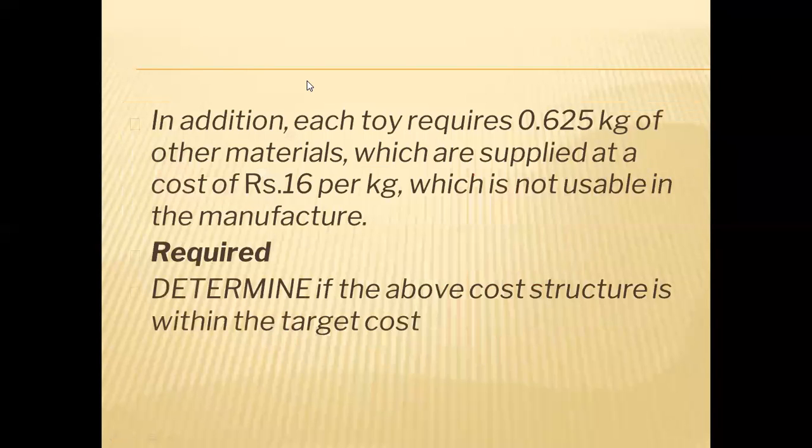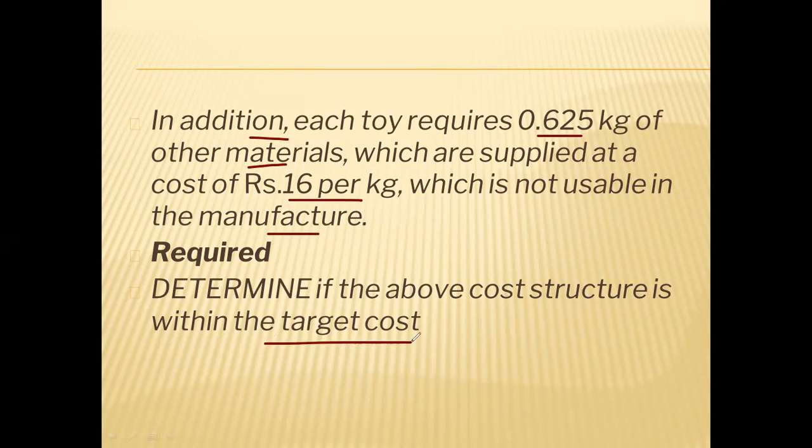Okay, 75 is the target cost. So here additional detail is given. In addition, each toy requires 0.625 kg of other material. Cost is 16 per kg of that material, which is not usable in manufacture. Determine if the above cost structure is within the target cost.